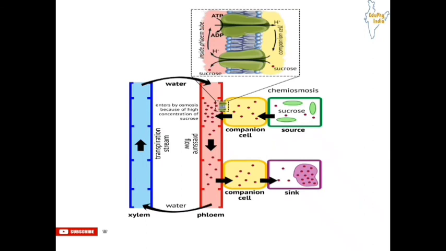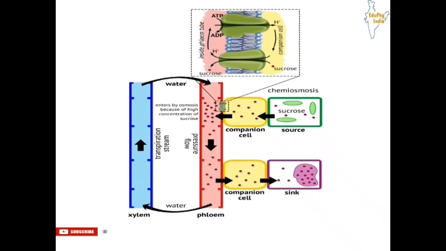So the water from the xylem tissue gets into phloem tissue when there is a difference in osmotic pressure between them, and this difference in pressure occurs due to energy, that is ATP molecules, and this allows the phloem to move material according to the plant's needs.